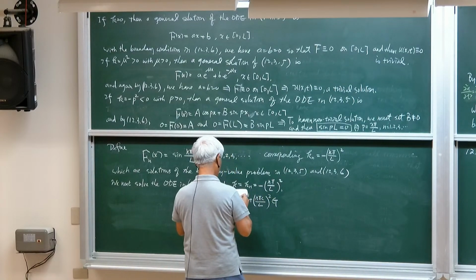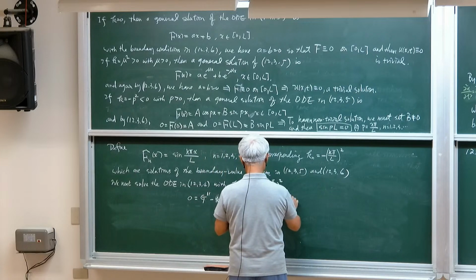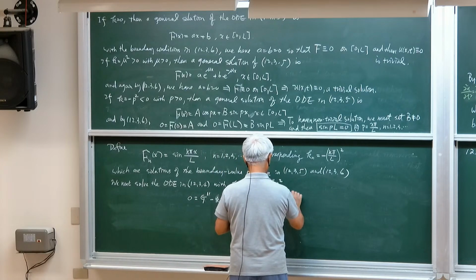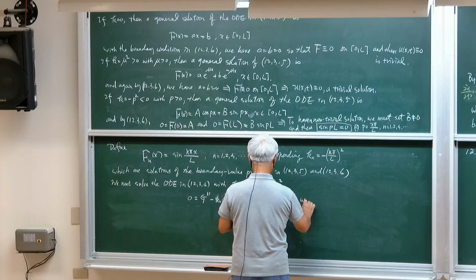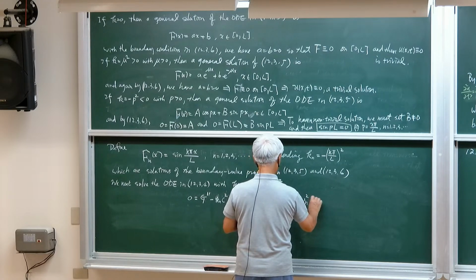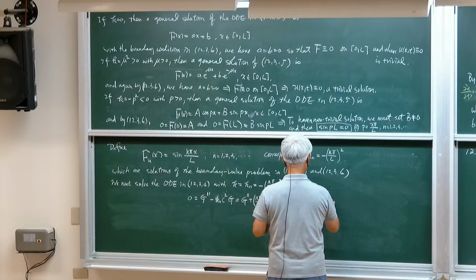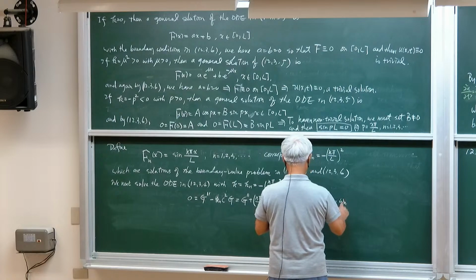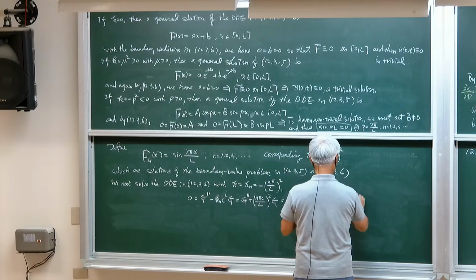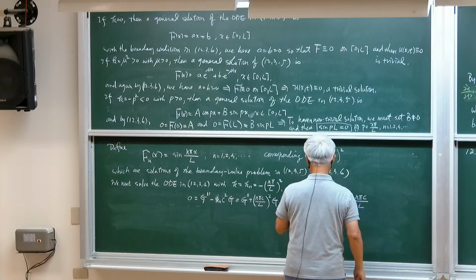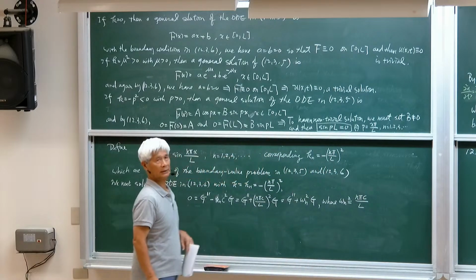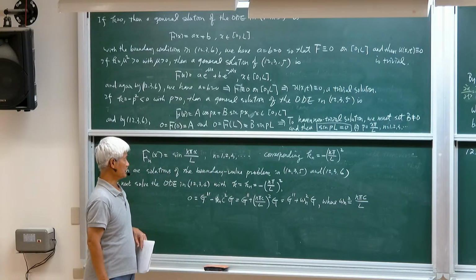We note that this is the angular frequency: plus omega n square g, where omega n is defined to be n c divided by L. This is the angular frequency there.